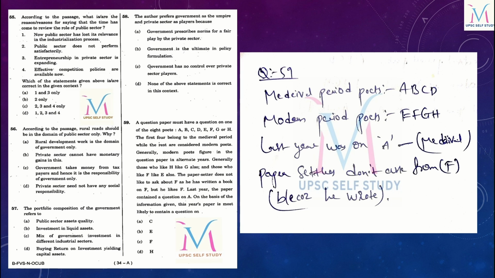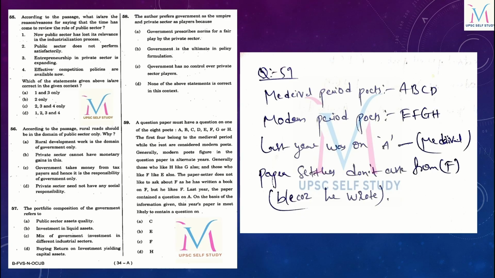Now, public sector has lost its relevance in the industrialization process. Public sector does not perform satisfactorily. Entrepreneurship in the private sector is expanding, and effective competition policies are available now. So for the 55th question, the exact answer is C.